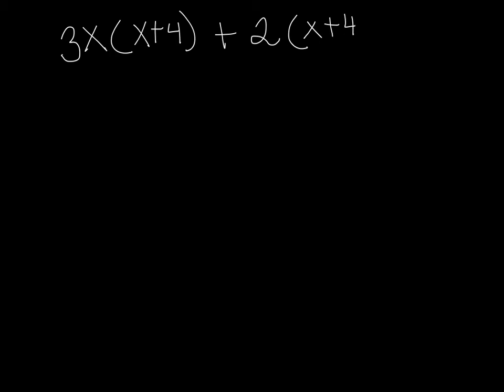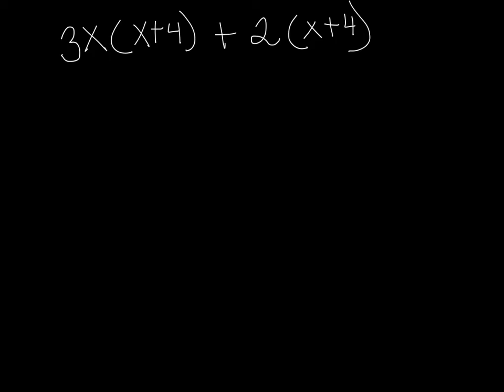In the first group, I can pull out a 3x. So I'm going to say a 3x on the outside. And what does that leave me with on the inside? Well, I'll have x plus 4. Then pull out your greatest common factor from the second group. So I'm going to pull out a 2, and that'll leave me with x plus 4. Then you want to pull out your greatest common factor one more time.